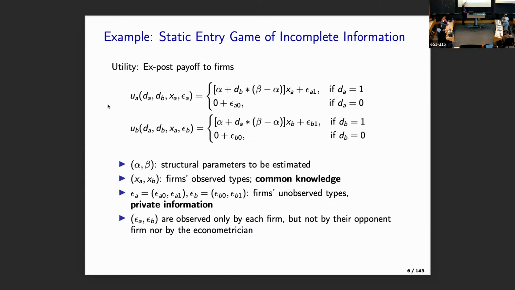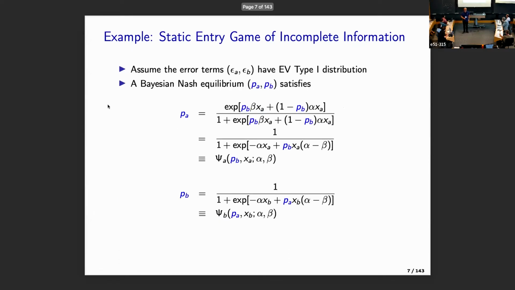These shocks are private information, and they're observed only by each firm. So it's kind of a game of incomplete information, and the econometrician doesn't observe them either. Just the choice probabilities are potentially identifiable. And these are just scalars. It's a very, very simple problem.